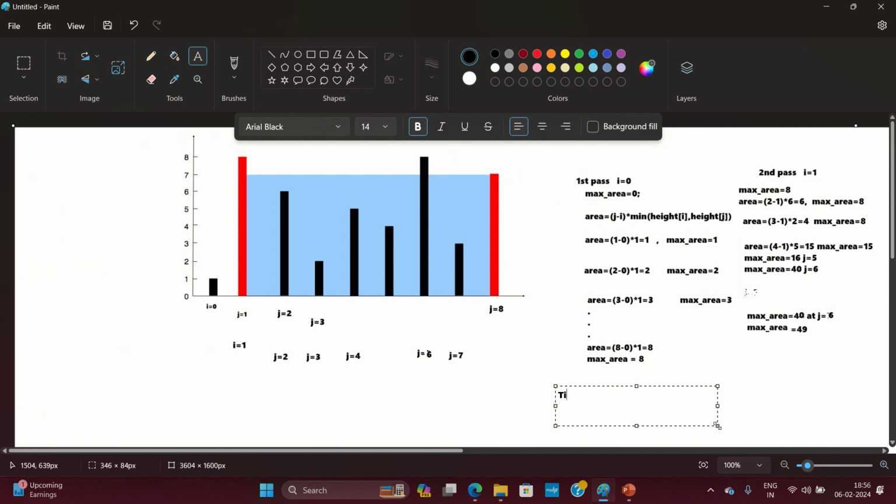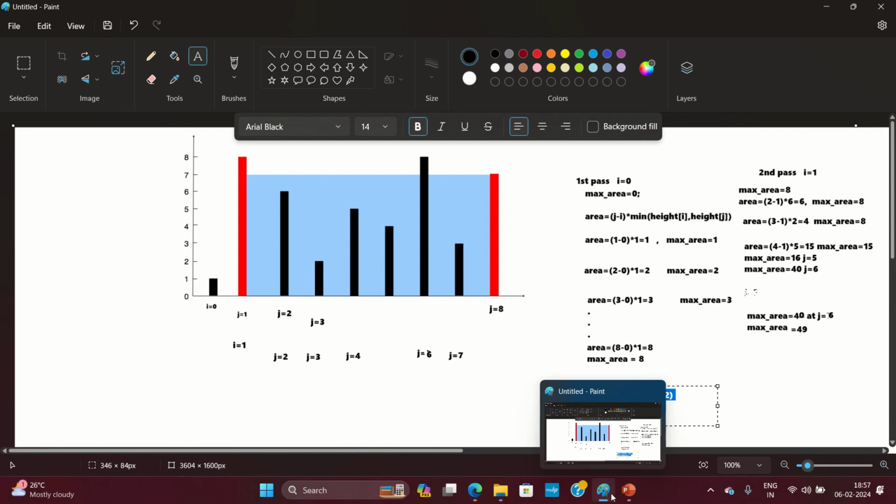The time complexity of this code is big O of n square. And space complexity, which I have not discussed yet, but just for now, know that space complexity is 1. In this program, space complexity is fine, but the time complexity is big O of n square.